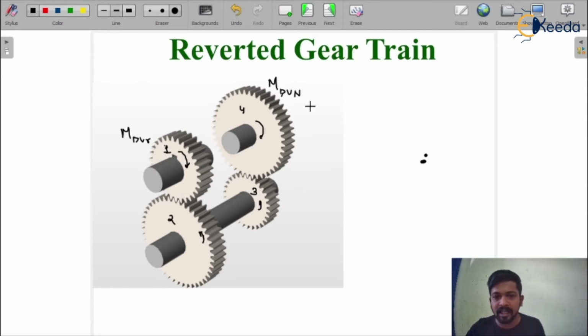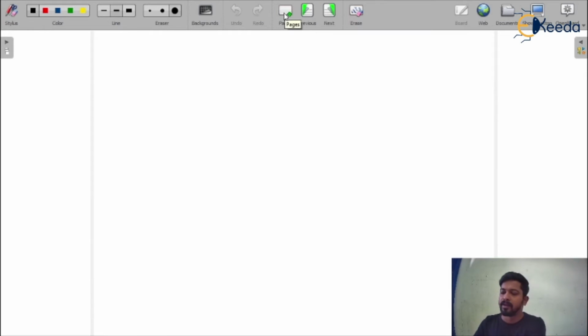First I am going to write here that it is used to connect two coaxial shafts. Now I am drawing the diagram of the reverted gear train.